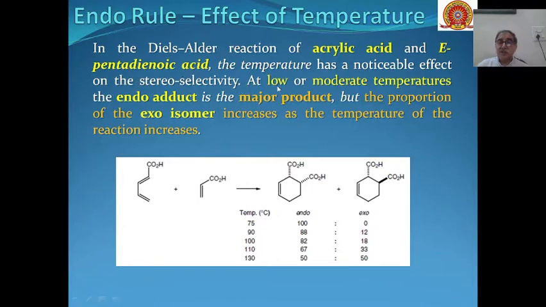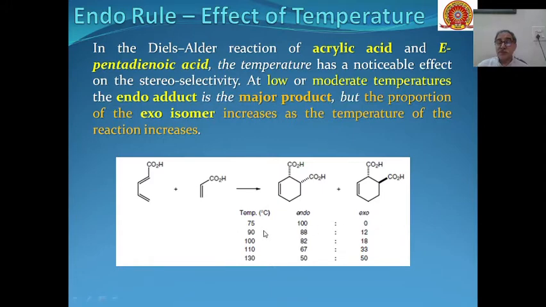The temperature also has a noticeable effect on the stereoselectivity. So you can see that this diene and this dienophile undergo the Diels-Alder reaction to give us these two endo and exo products. And if the temperature is 75 degrees, then only the endo product is formed.